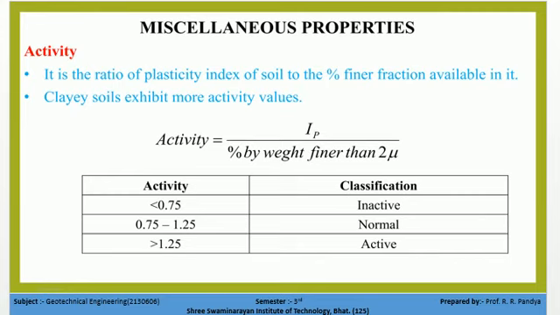If the value of activity is less than 0.75, then the soil is classified as inactive. If the activity value lies between 0.75 to 1.25, then the soil is classified as normal. And if the activity value is greater than 1.25, then the soil is classified as active soil.